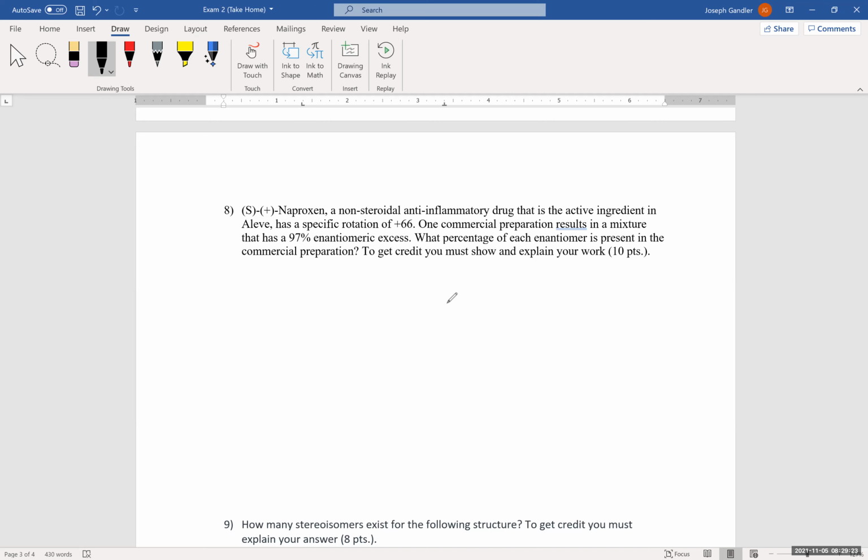97% enantiomeric excess means you have 97 plus X. Now, X is the amount of the minor component. So we have 97% more of the S-naproxen than we have of the R, and then we have the amount of the R-naproxen.